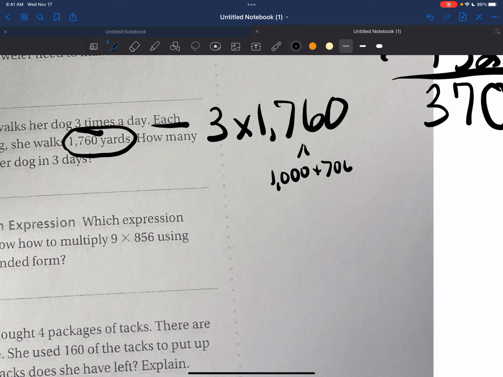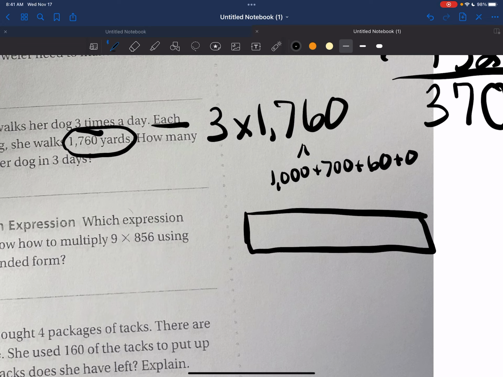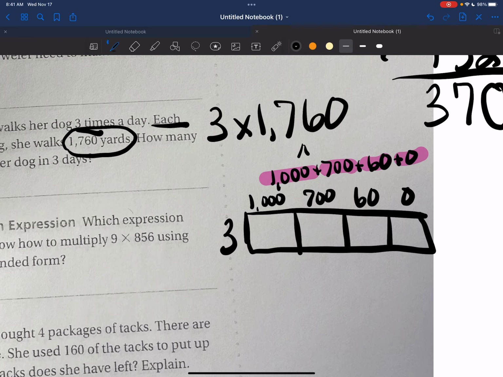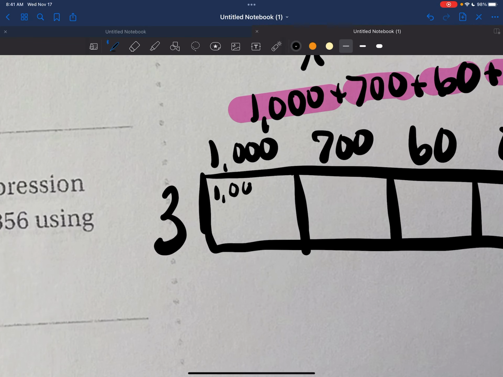1,000 plus 700 plus 60 plus 0. Draw out your box. You have 4 numbers, so you need 4 boxes. 3 stays the same, and then you write your expanded form for 1,760 above. And then you multiply. 1,000 times 3, 3,000. 700 times 3.